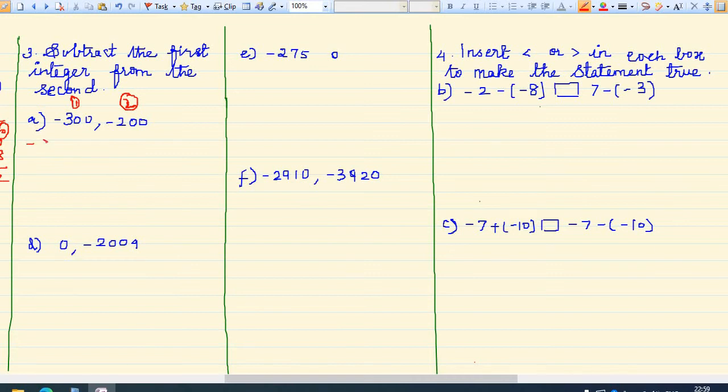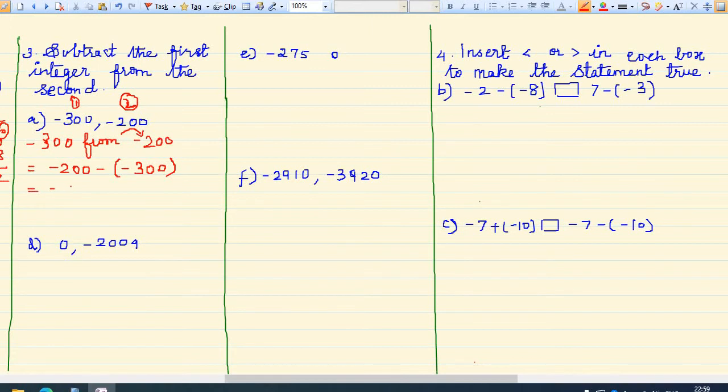So minus 300 from minus 200, because we subtract the first integer from the second integer. According to the question, I am going to arrange the numbers. So minus 200, this is a subtract concept. So for that, minus of the first integer. Clear, children? Close the bracket.